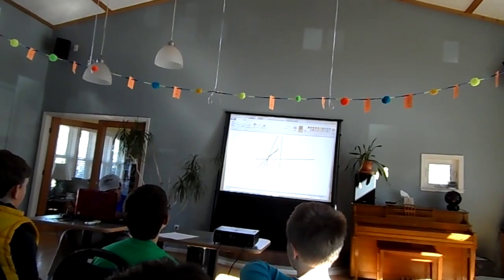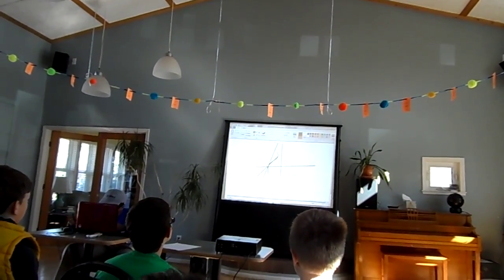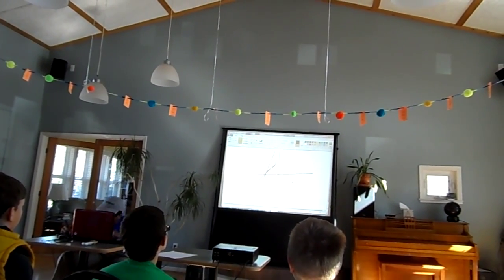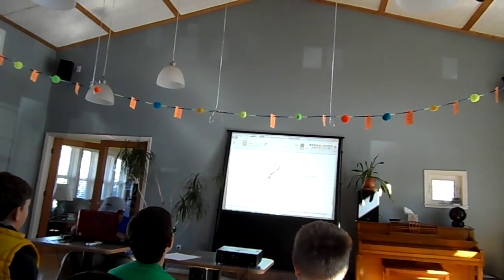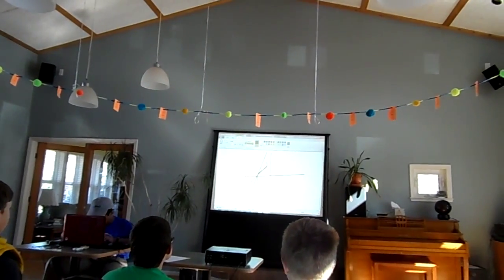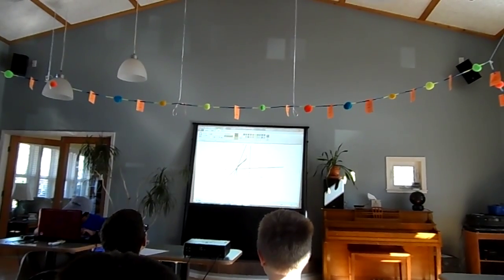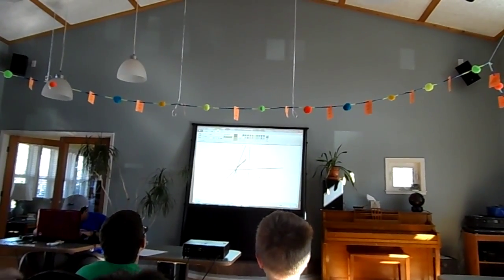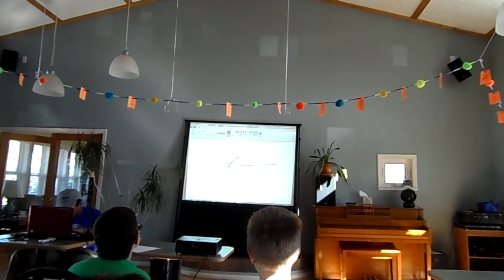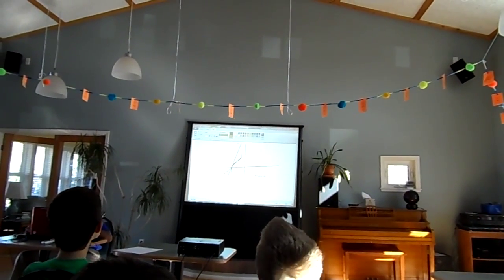Then the slope of our secant line would be, because that's the rise in the secant line, because slope is rise over run, correct?